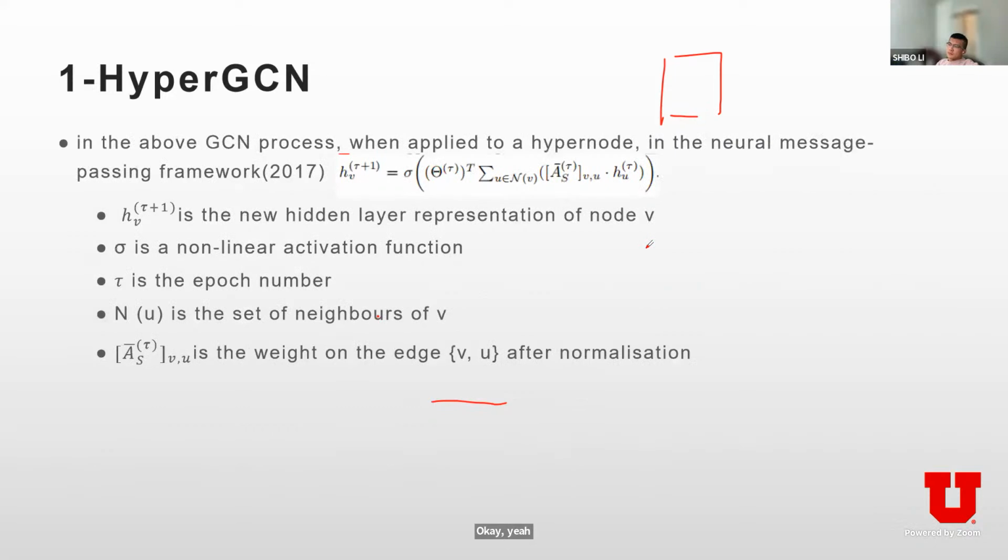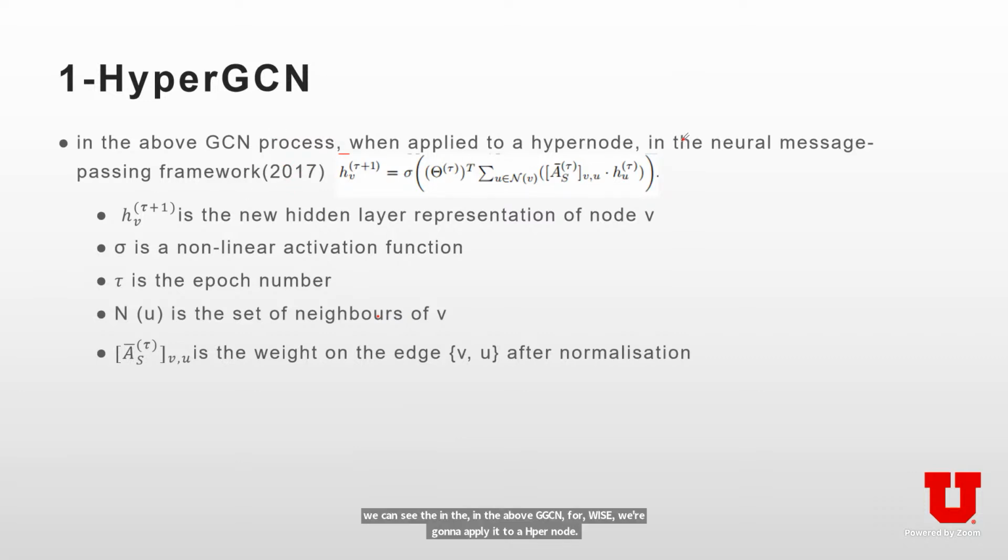And we can see in the above GCN process when applied to a hypernode. And here is also from a 2017 paper, neural message passing, the function is defined as this.